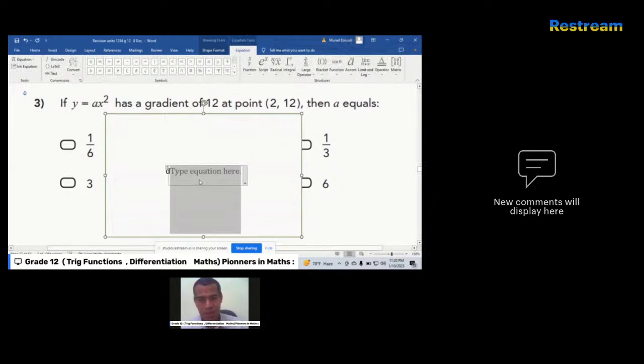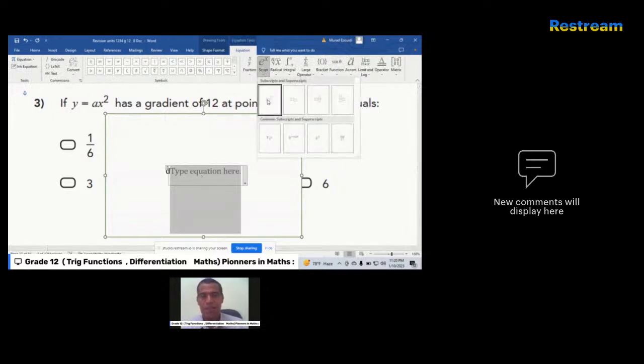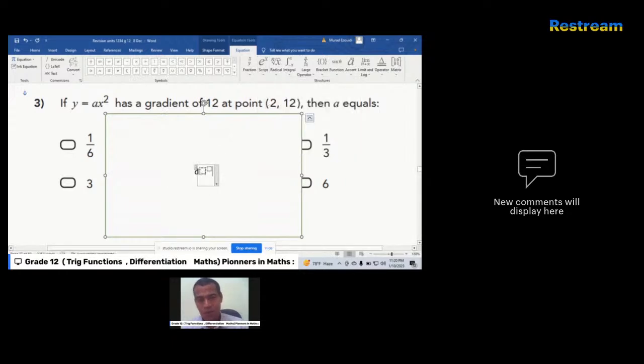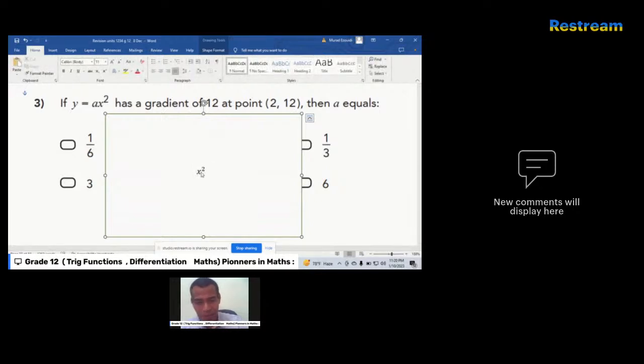So this is y. I will make ax. So learners, here is x, ax, and this is x to the power 2, multiplied by a.